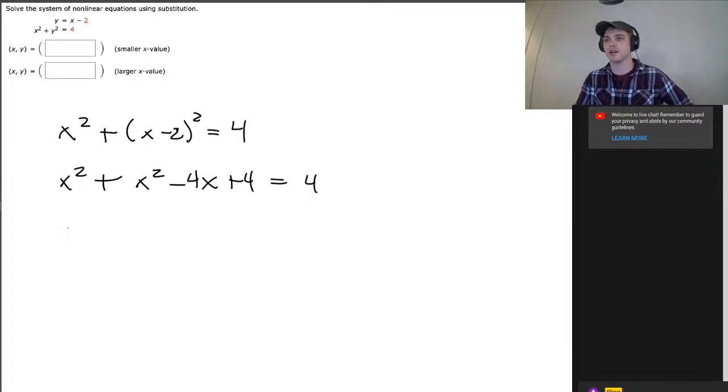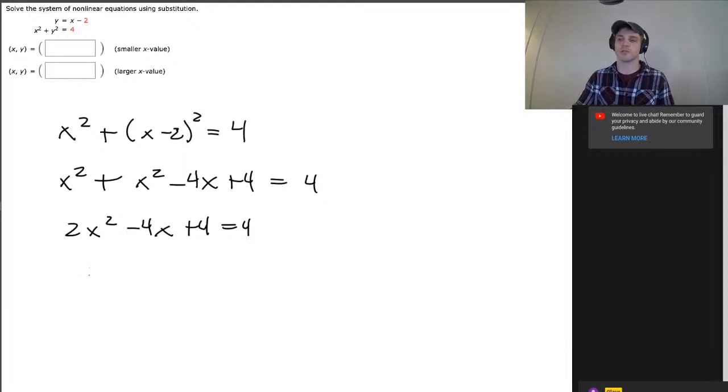And then combine like terms, we get 2x squared... Actually, let me not do that. Plus 4 equals 4. Now I'll subtract 4 from both sides. So we get 2x squared minus 4x equals 0.